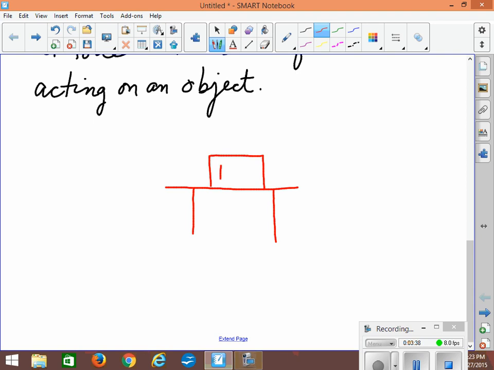So say the box is 10 kilograms. Well, what we need to do is imagine the forces that might be acting on a box that's sitting on a table. The most obvious force is that there would be a force of gravity pulling down. And so we can write Fg. Remember, Fg stands for the force of gravity.